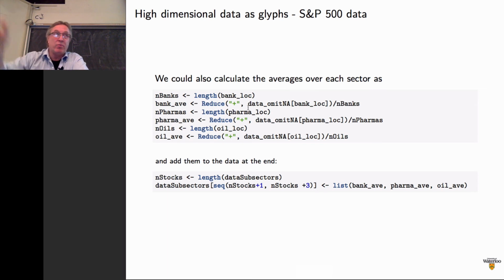So that'll be another point in high dimensional space. I'll do that for the banks, for the pharmaceutical companies, and for those involved in the oil sector. And I'm going to produce a data set now that has just those sectors and the average in each. Okay, everybody with me? Yeah?